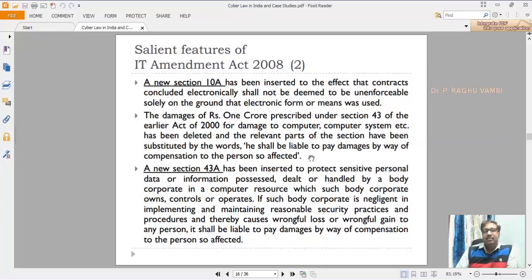A new section 43A has been inserted to protect sensitive personal data or information processed, dealt or handled by a body corporate in a computer resource which such body corporate owns, controls or operates.